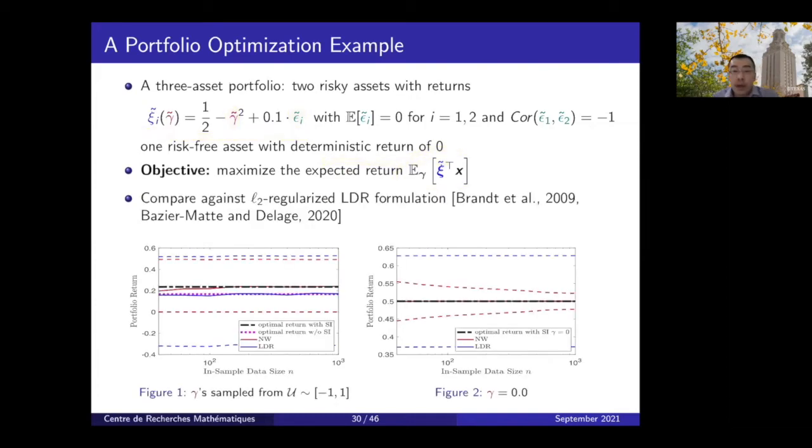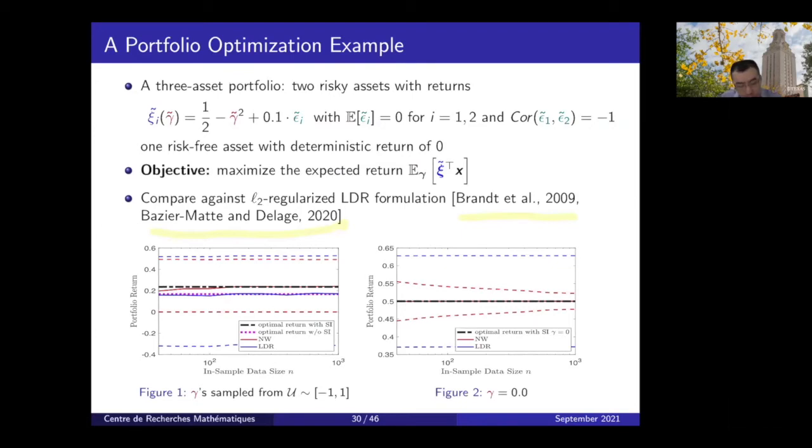Here the loss function is linear, and therefore the variance regularized formulation can be solved directly as a second order cone program. We compare the formulation with a recent regularized decision rule formulation for portfolio optimization proposed in these papers. Here we plot the out of sample portfolio returns against the sample size in the training data sets.